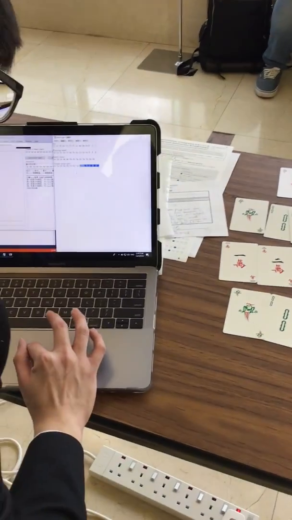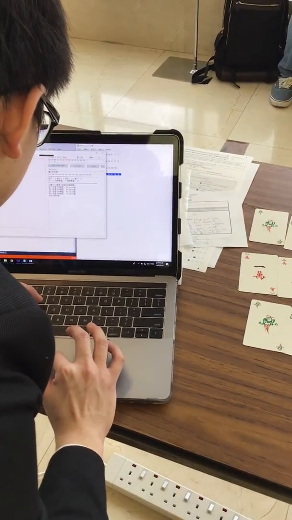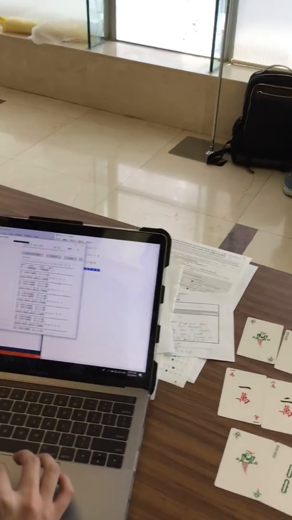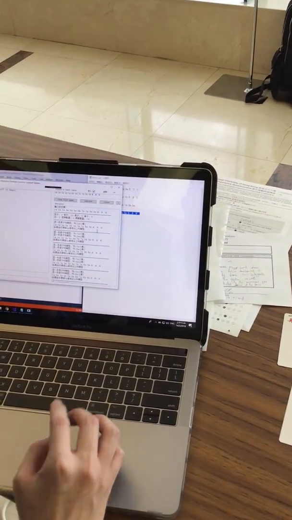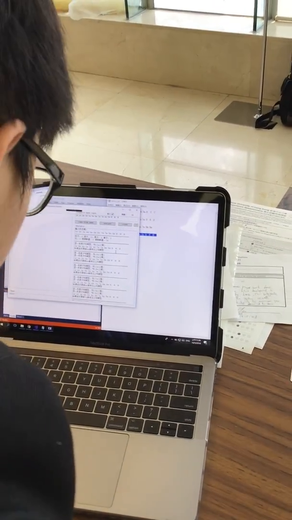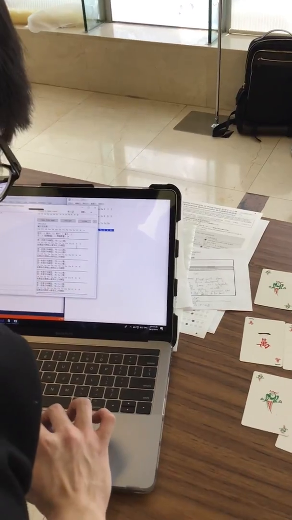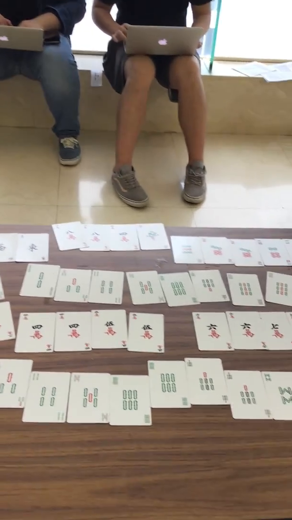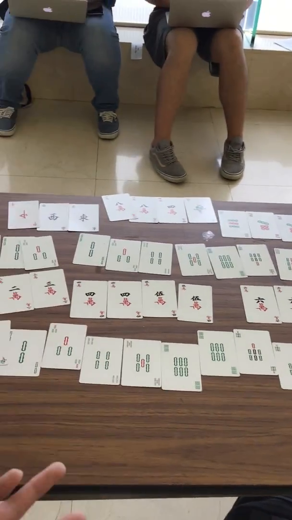And the last one is really the hardest one for a human to analyze. Which one to throw is the best? As shown here, you can throw any of them, and you will get a ready hand.